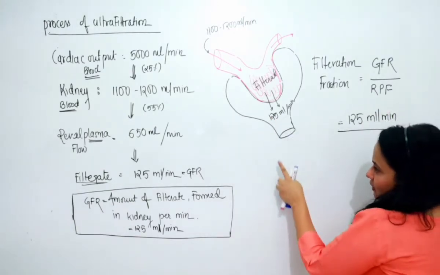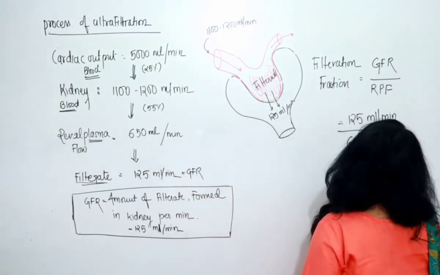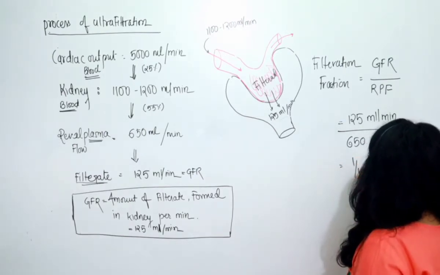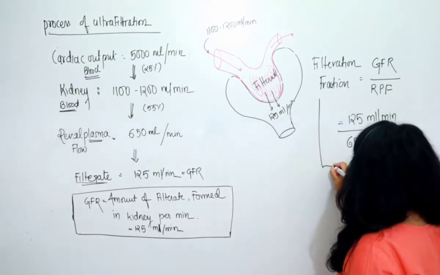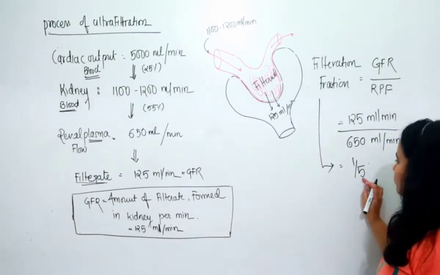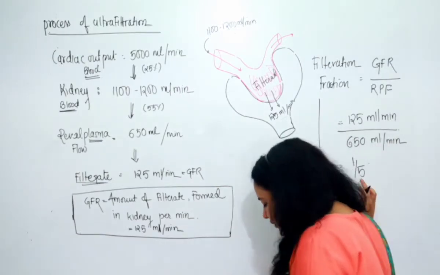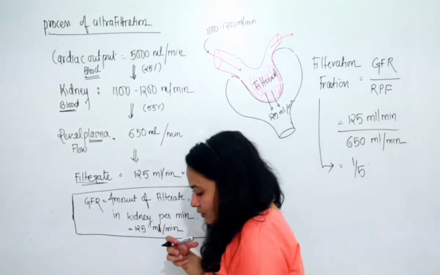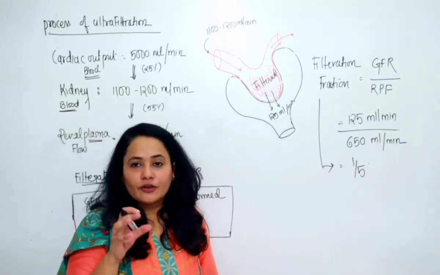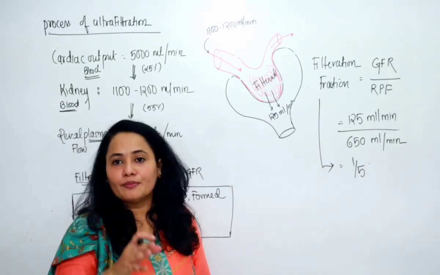What is the renal plasma flow? That is 650 ml per minute. So here we get the fraction as 1/5. So only 1/5 portion of the plasma is what we call the filtration fraction. So the filtration fraction is the ratio of GFR upon RPF.